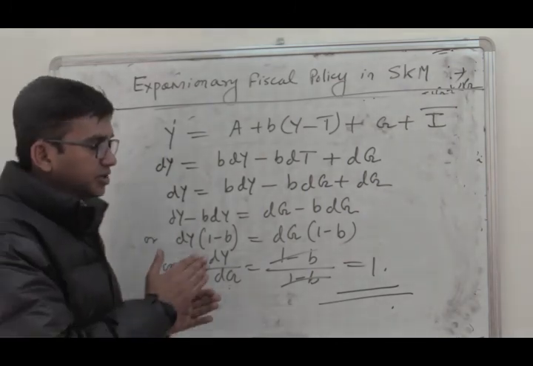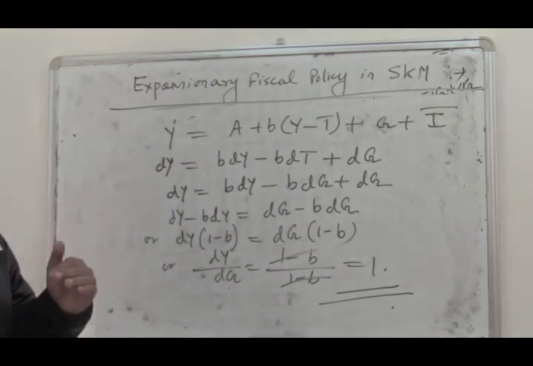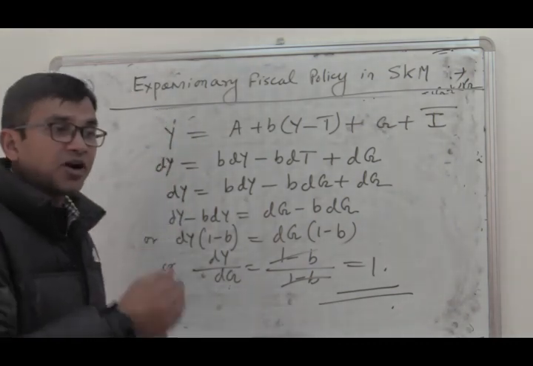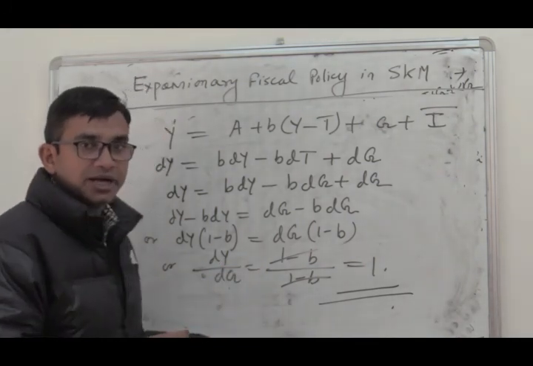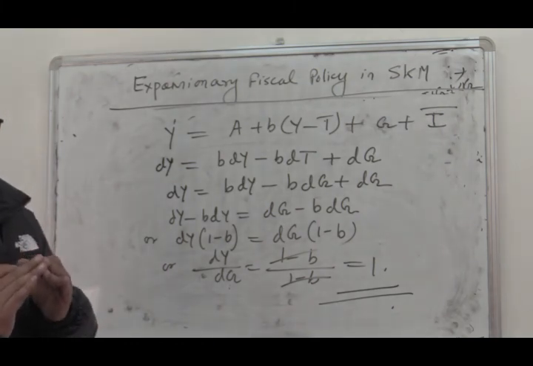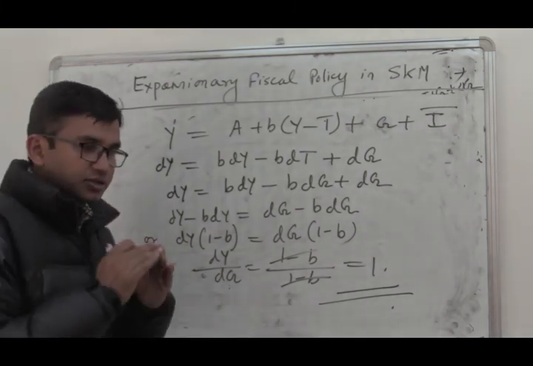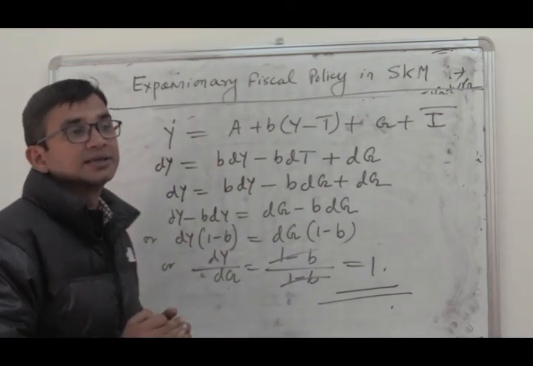And in the third case, we consider the balanced budget multiplier, in which the increase in government expenditure is financed by increase in taxation. So the change in government expenditure is exactly equal to the change in tax.